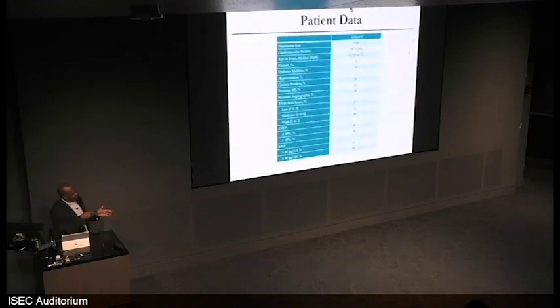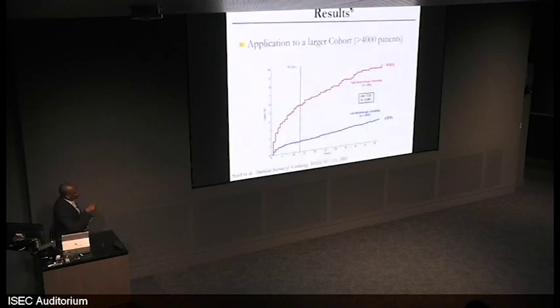We have an additional data set now that has over 4,000 patients, again, all who presented with acute coronary syndrome, and we can apply what we've learned to the new data set. And this is a Kaplan-Meier curve where the red denotes the death rate in those patients who are at high risk as denoted by their morphologic variability value, which was learned on the previous set of patients, and those patients that are at low risk.